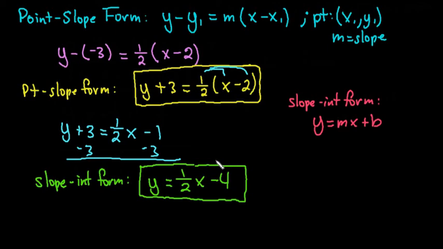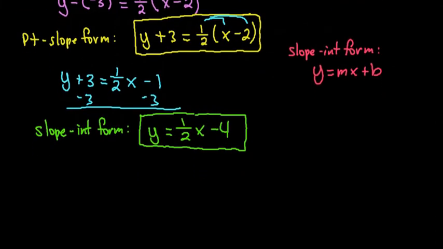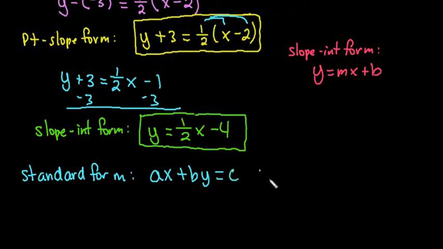The other form that they could ask for is standard form. Standard form is ax plus by equals c, where a, b, and c must be integers.